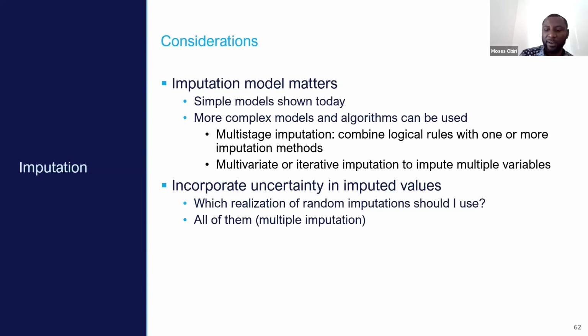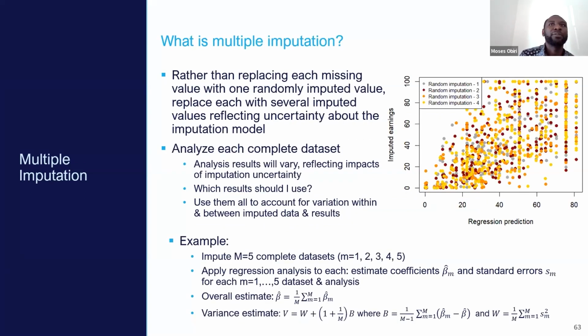That is one advantage multiple imputation has over single imputation: you can replace the missing value with multiple values. If you are interested in imputing 10 data sets, then you have 10 data sets. You can analyze each of the 10 data sets, average the result across them, and use the pooled result as an inference.